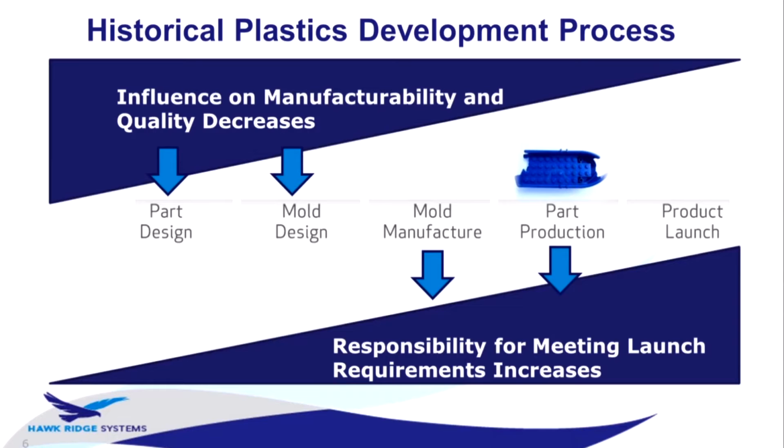Obviously, one of the biggest contributors to the effectiveness of a plastic mold or a plastic part is the part design itself. Anyone who's working with injection molding has seen plastics design guides that give you rules of thumb for the wall thickness and the size of ribs and transitions from thin to thick wall sections and stuff like that.